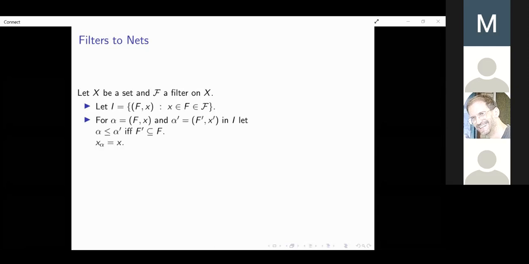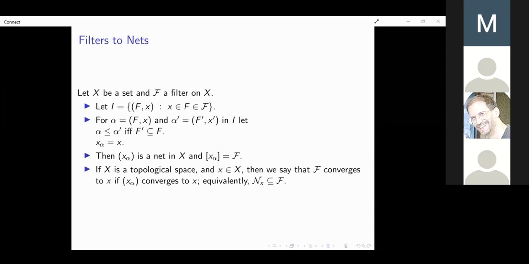If we have such a pair alpha equals (x, F), then we set x_alpha equal to x. And then this is a net in X, and its filter of tails is precisely the original filter F.